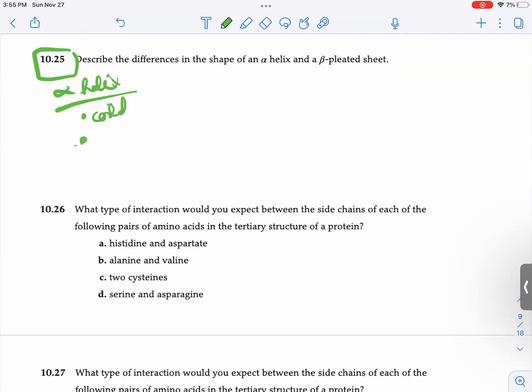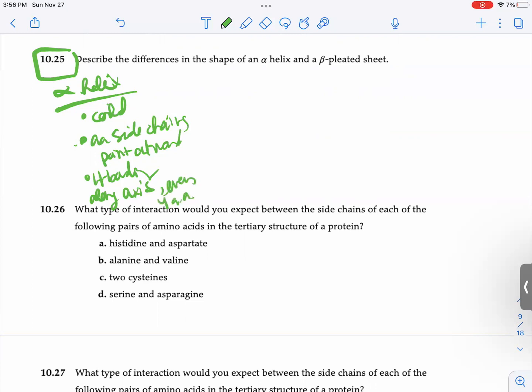We have amino acid side chains that are pointing outward, and we have hydrogen bonding along the axis, every 4 amino acids. And the R groups are on the outside.